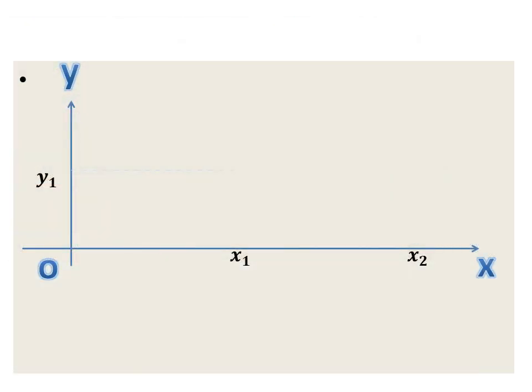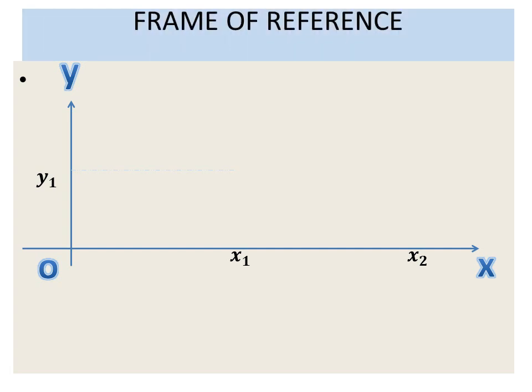Now we consider a frame of reference, which is displayed as shown, with the x direction and the y direction, and this is a Cartesian plane in two directions. Now we locate a position in this frame of reference, position A, which is denoted by coordinates x1, y1.